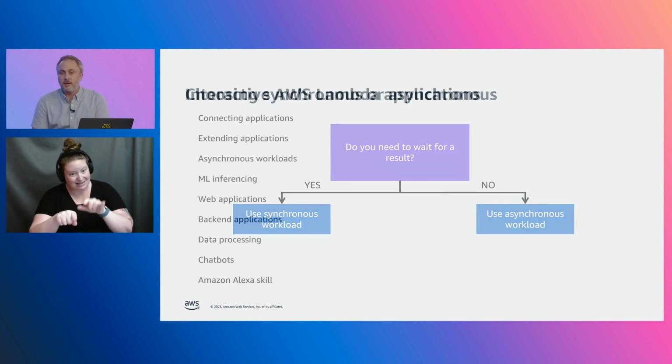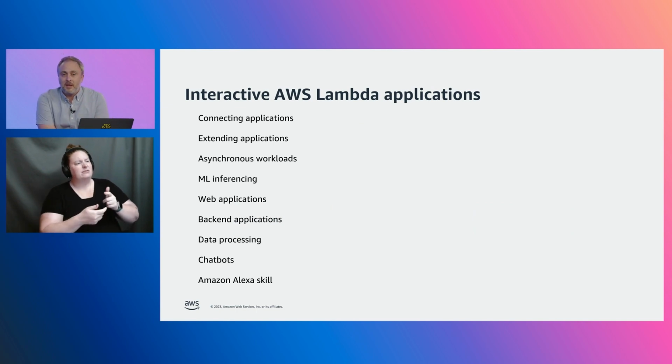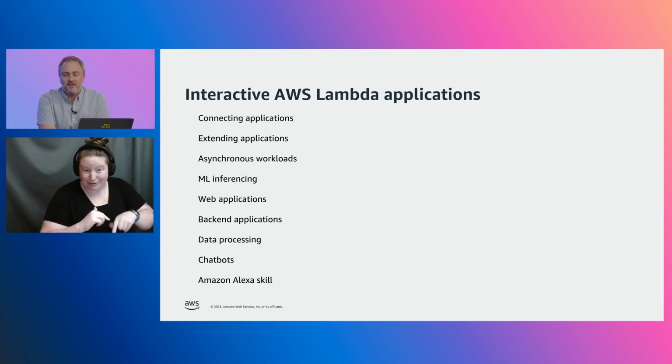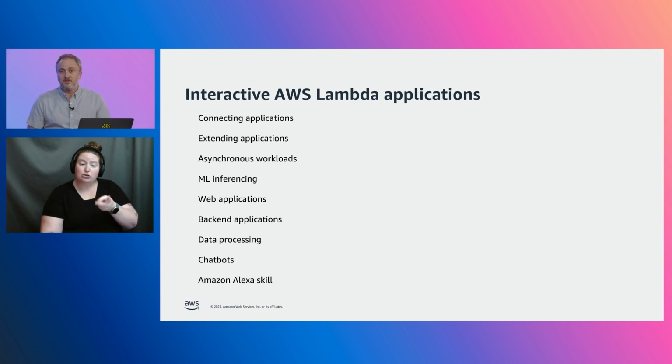Now, what types of interactive-based Lambda applications can you build? Well, it will be easier to ask what types of applications can you not build with an interactive Lambda-based invocation. So simple things like connecting two applications together. I think that's a really nice use case. Things like webhooks that connect one app to another. You can extend existing applications.